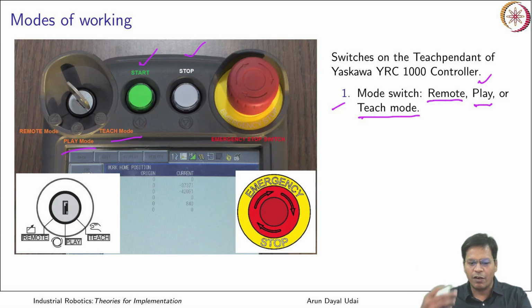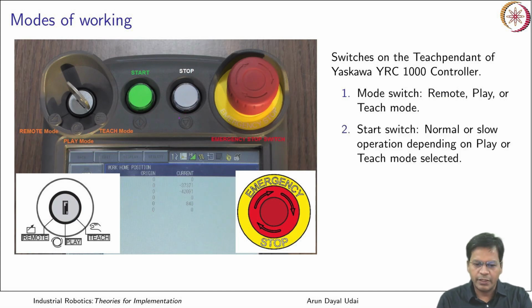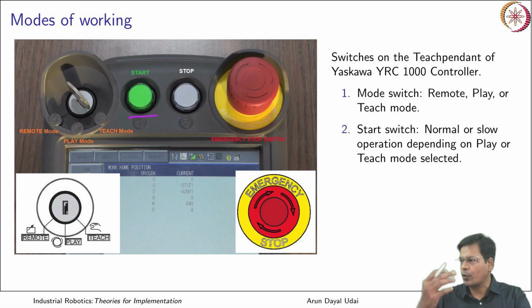So the mode will govern what other switches will be active. This is active always, but this is active only when it is in this mode or this mode. The start switch basically starts the program. If a programmer has programmed certain operations, this is the switch which actually starts it.